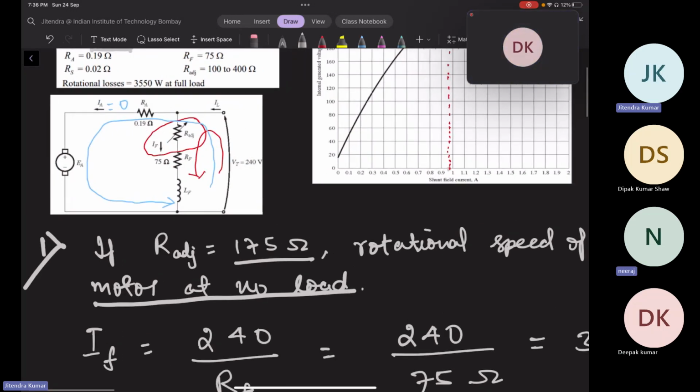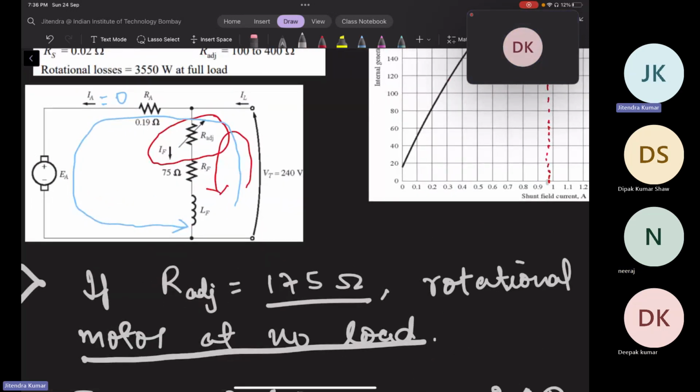Here in this shunt field, the connection is such that even if you do not provide any current, some current will flow in the shunt winding, because you have applied some voltage, so some current will be drawn along these resistances. That is nothing but the field current, which should be produced to produce the flux in the machine.